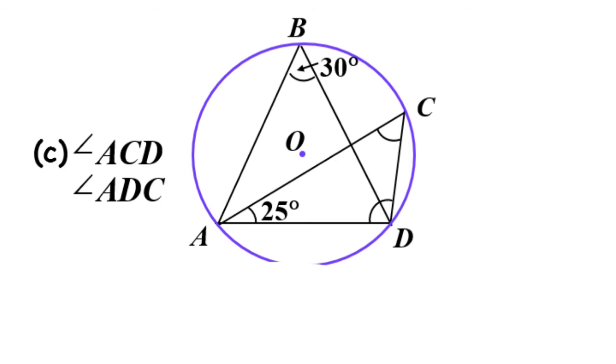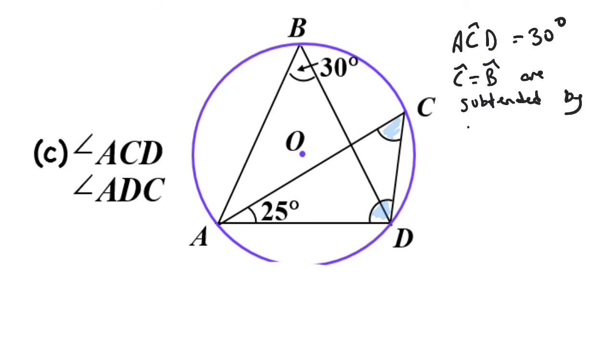In example C, we want to find angle ACD and ADC, which is this full angle at the bottom. So what we have first of all is angle ACD is going to equal 30 degrees, and that's because angle C and angle B are subtended from the same points and they're in the same segment.